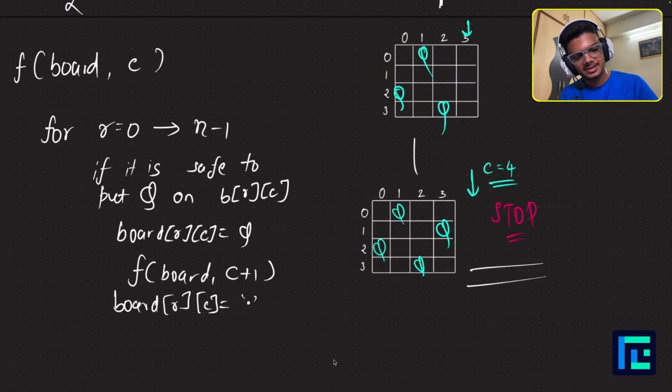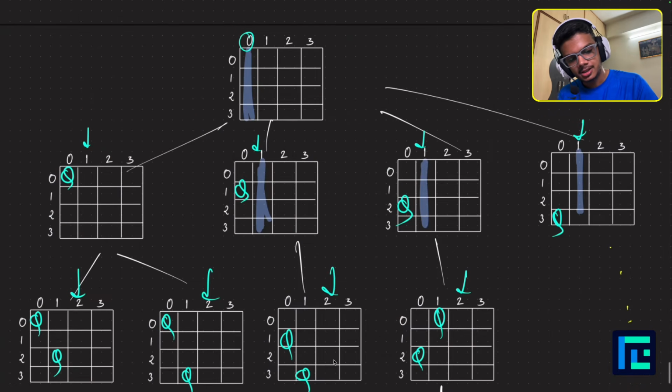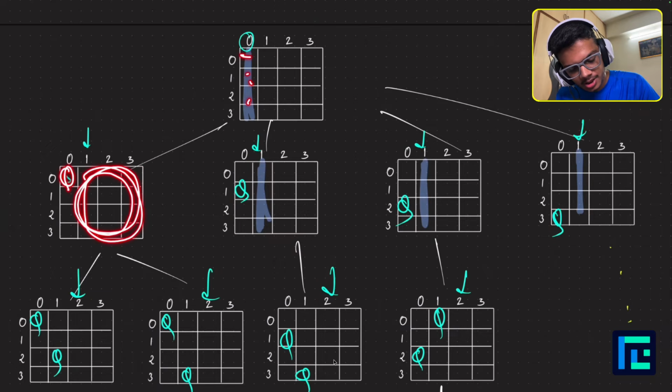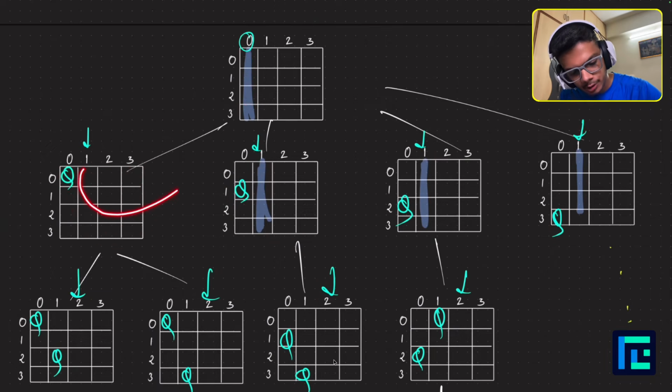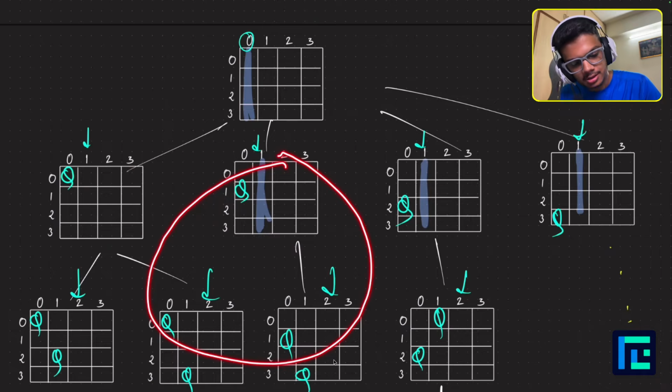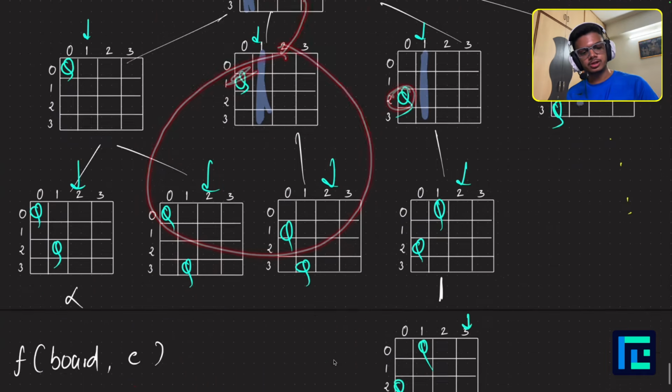This is a classical backtracking step. For the 0th column, you had 4 possible options, right? So once you place a queen here, try every possible combination here. When you come back, before you put a queen here, you have to clear this, right? Once you have considered all the possible paths here, and you come back and before you place a queen here, you have to clear this. So that's what this step is.